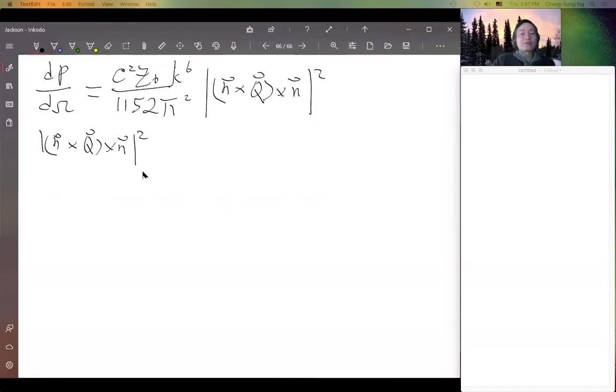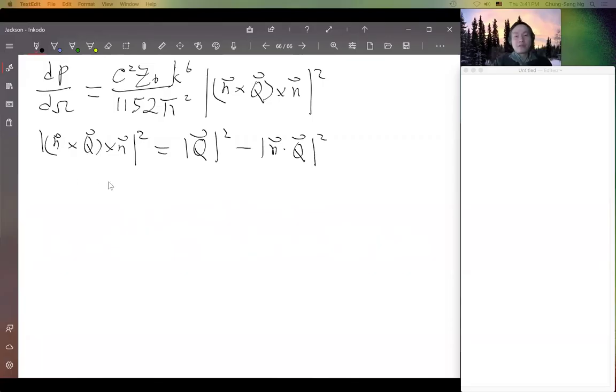So this absolute value square, you just write like this dot into the complex conjugate of this. And after you combine all the terms, you see that it becomes Q square minus N dot Q square.